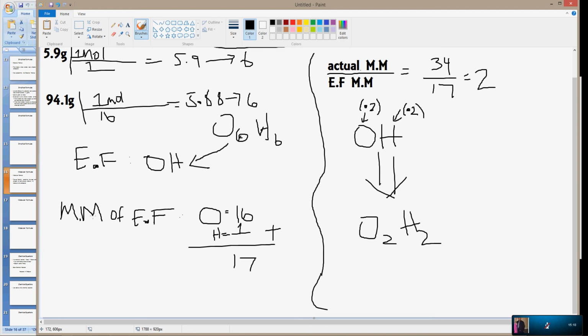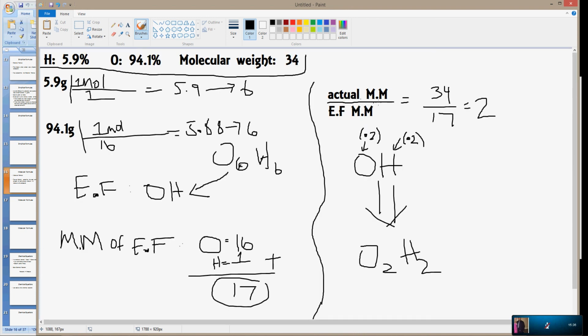Alright, next step, you're supposed to find the molar mass of the empirical formula, and you do that by getting the molar mass of each element. Oxygen weighs 16 and hydrogen weighs 1. You add those and you get 17 right there.